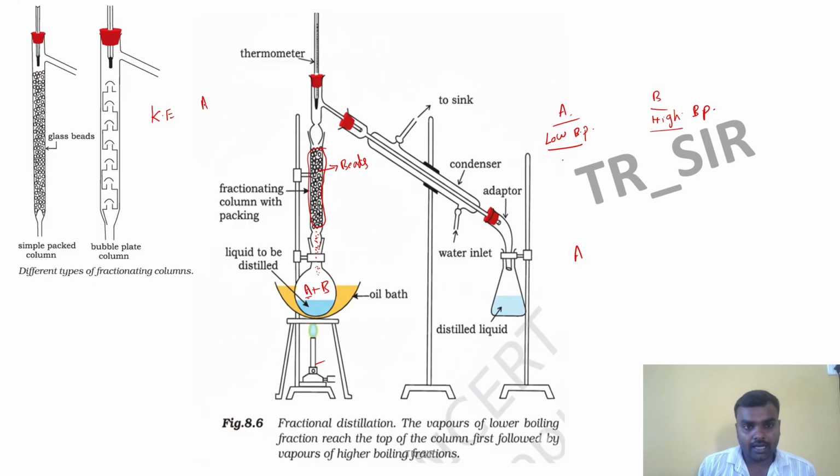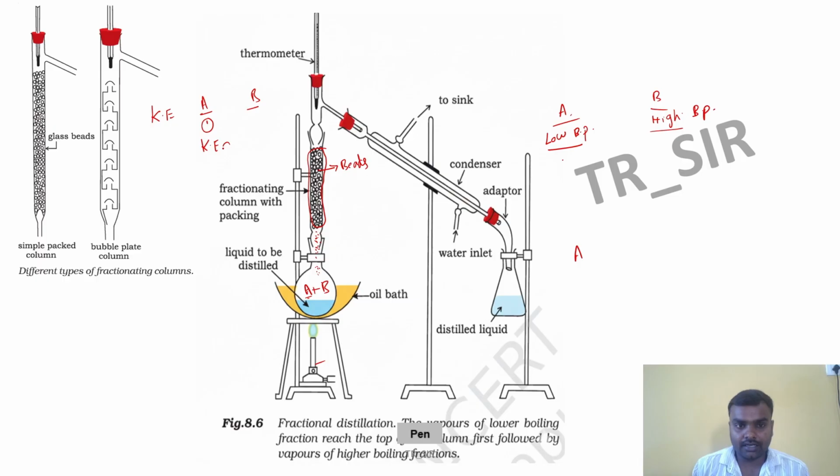So A and B, the two liquids, both have vapors. As we increase the temperature, A forms a little more vapor than B due to its slightly lower boiling point. Along with that, as A has the low boiling point, it has the high kinetic energy.